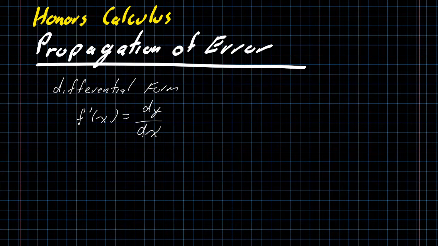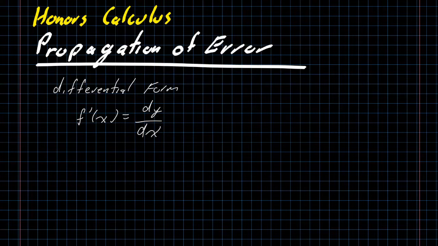We've been writing derivatives in a couple of different forms. F prime of x, dy over dx. And I stressed when I first wrote it down that dy over dx is not a fraction. It kind of looks like a fraction, but it's not a fraction. I'm going to completely ignore that advice.